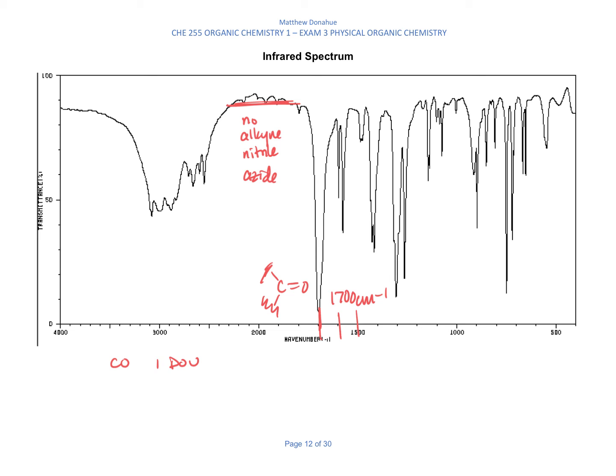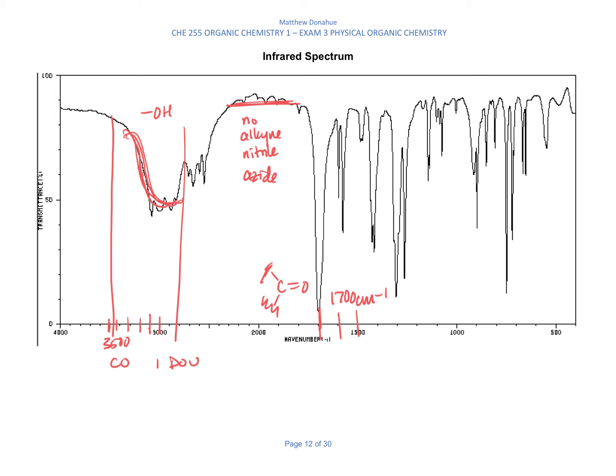When we look in region 1, drawing sort of straight down here, we're at 3,000, 1, 2, 3, 4, so about 2,500. Even though it's not the prettiest, this is indicative of the OH. It doesn't exactly resemble what you're used to seeing in the textbook.